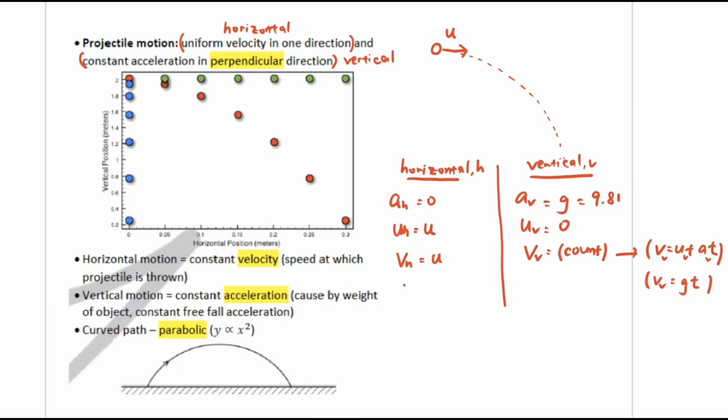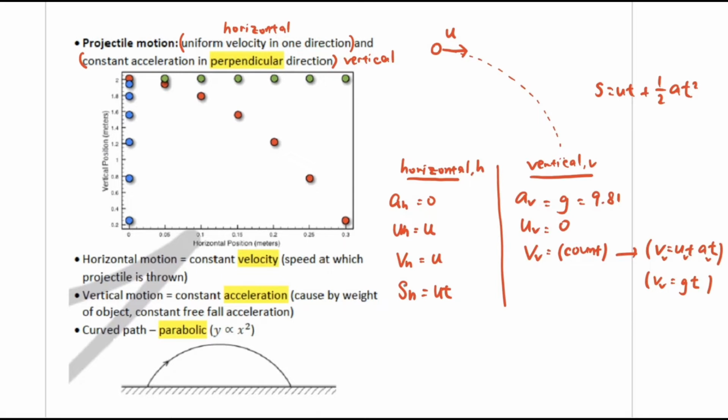Okay, now let's continue. The horizontal displacement is equal to ut. Imagine s equals ut plus half at squared, the formula. The a is 0. Horizontal acceleration is 0. So that's why the second term disappears. Only ut remains. So horizontal displacement equals u times t.